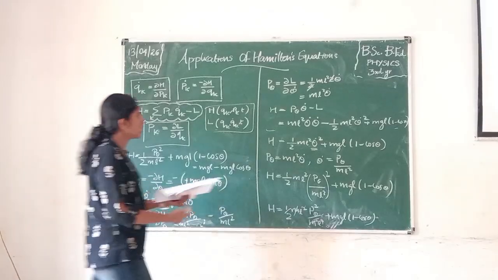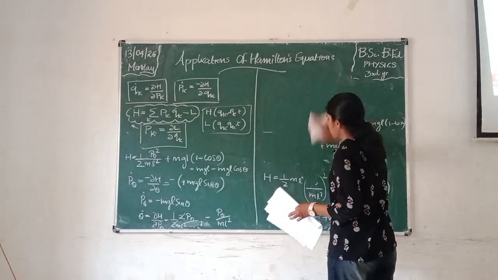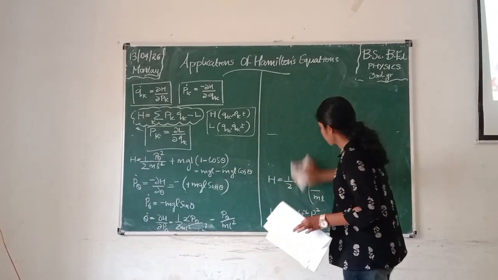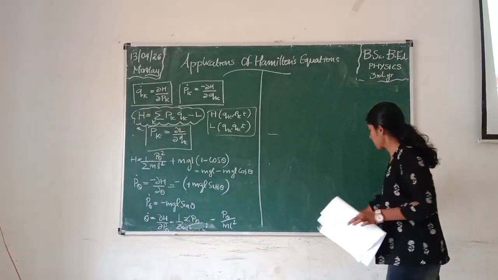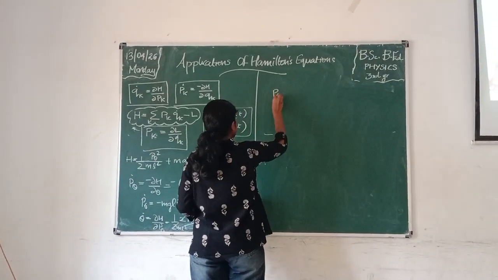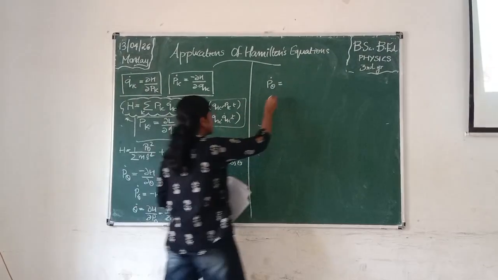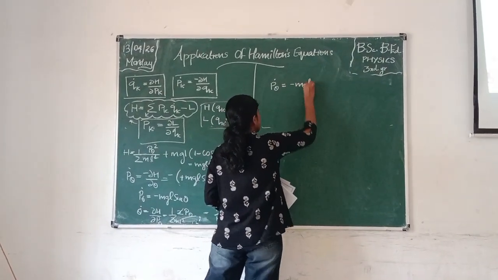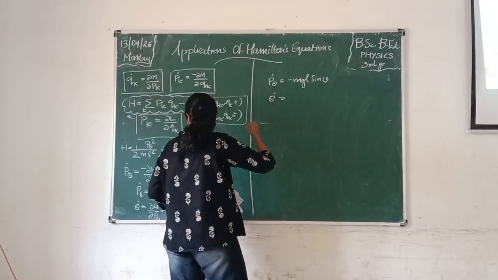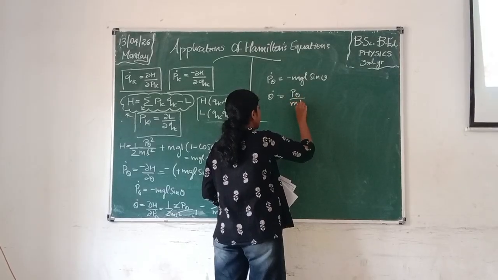So these are the two equations. What is p theta dot? p theta dot is equal to minus mgl sin theta, and theta dot is equal to p theta by ml square.